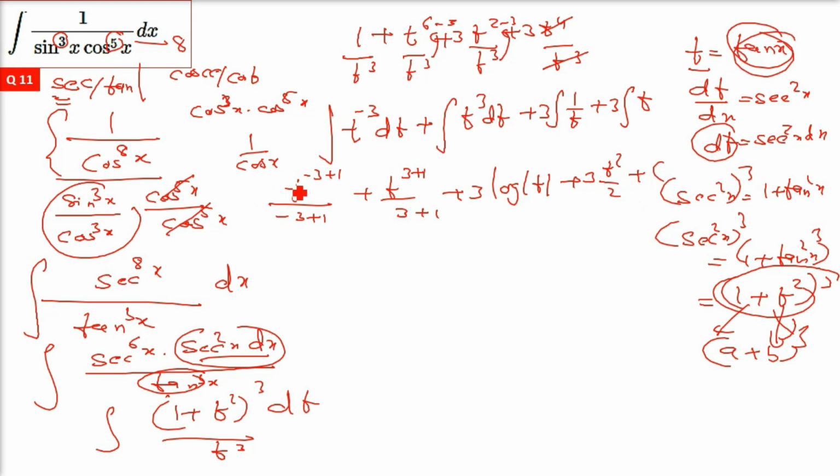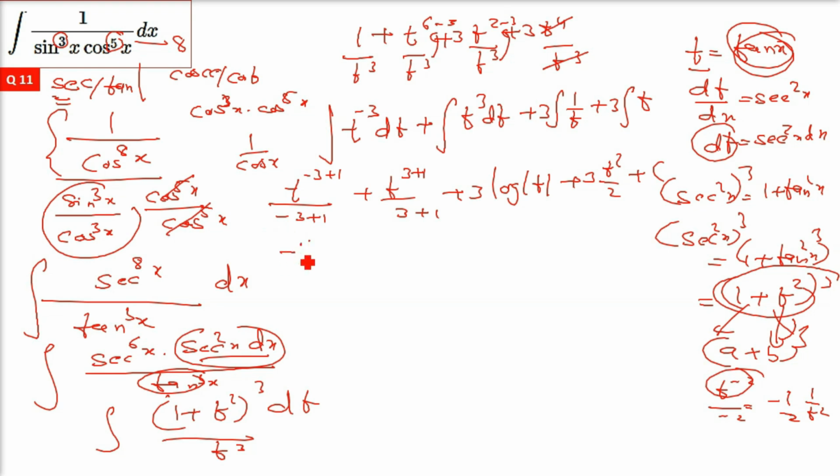Replace t by tan x wherever it is possible. So let me write it here. t^-2 by -2, that will form negative 1 by 2 divided by t². So it will be negative 1 by 2t². So rather than writing this way, just change now t to tan x wherever it is.